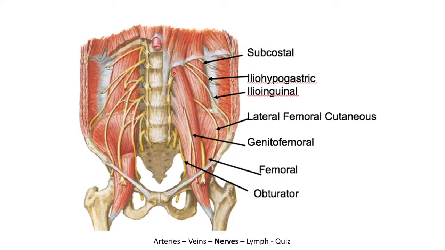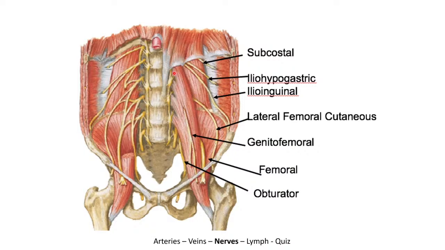While in situ, in the living person, we would find musculus psoas major, of course, and then only the terminal branches. So iliohypogastric is the most superior one. Below that, ilioinguinal, then lateral femoral cutaneous, genitofemoral, femoral, and obturator nerve.